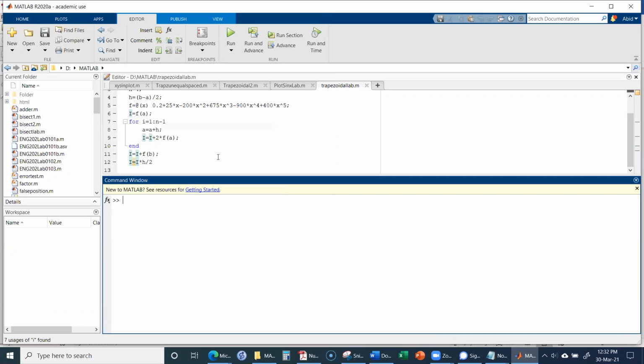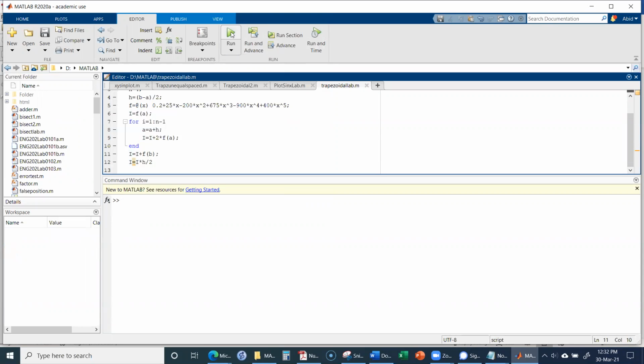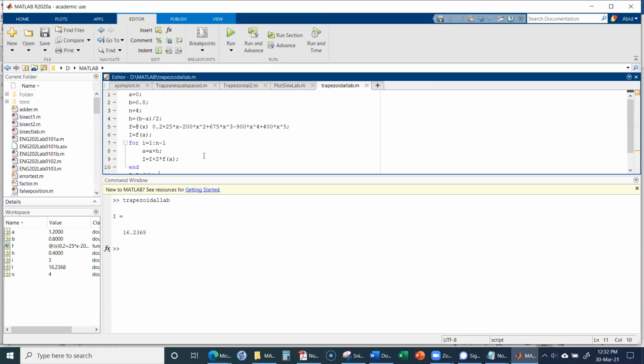Okay, so now let's see what is the answer. So for example, I run it. It is 16.2368. So the answer is not correct, I think. Yeah, the answer is not correct. So I have made a mistake somewhere.